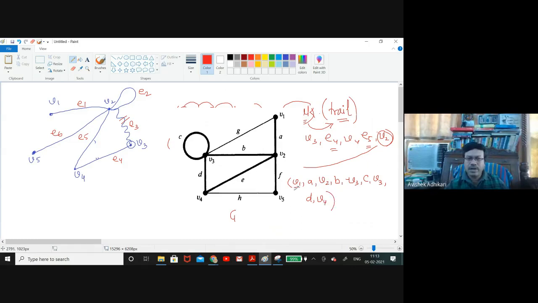So it starts with some vertex V1 and ends at vertex V4 with some alternating sequence of edges where no edge repeats more than once.